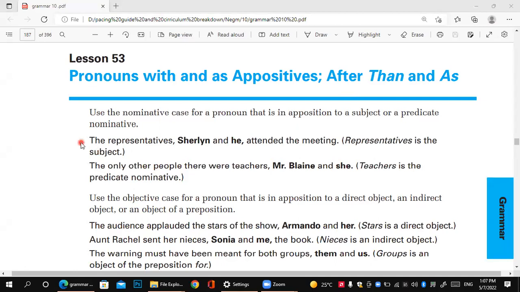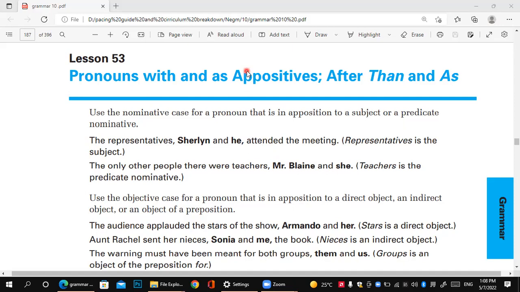So here, the first example: "The representatives, Sherlin and he, attended the meeting." As we said before, every pronoun before the verb is nominative, is subject. Where is the verb now?